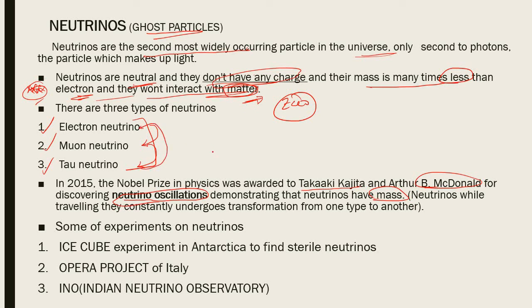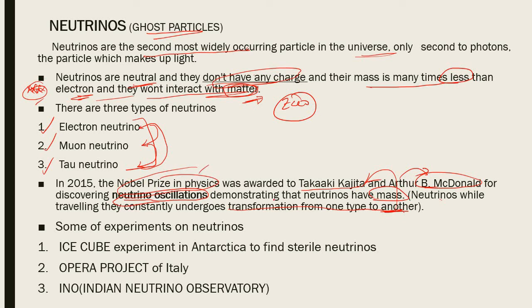Like this, they can convert into different forms of neutrinos. So neutrinos, while traveling, constantly undergo transformation from one type to another. For this discovery, these two got the Nobel Prize in Physics in 2015.